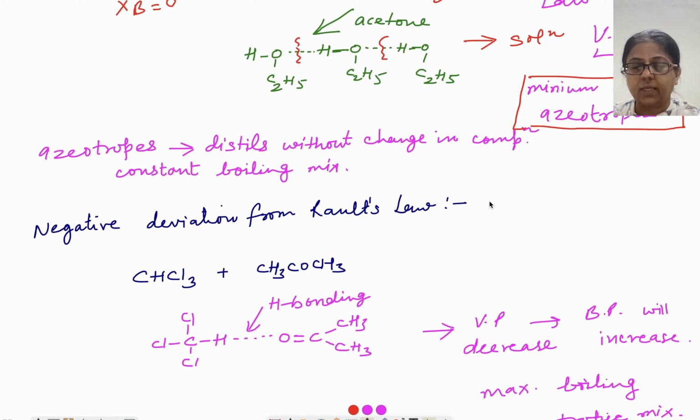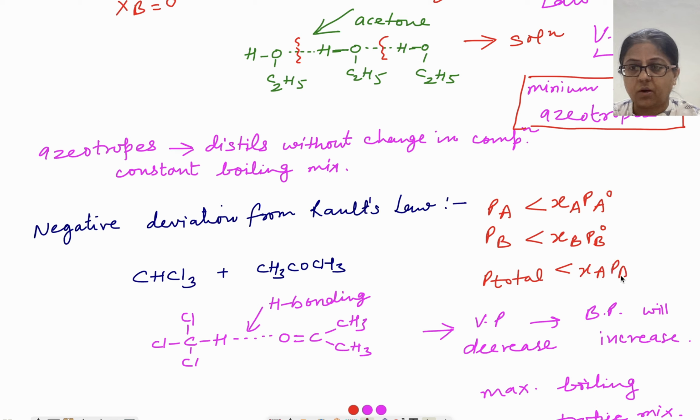In case of negative deviation from Raoult's law behavior, the value of PA is less than XA into P naught A. PB is also less than XB into P naught B, and therefore P total will also be less than the sum of these two values, XA into P naught A plus XB into P naught B. This is the equation for the solution showing negative deviation from Raoult's law behavior.